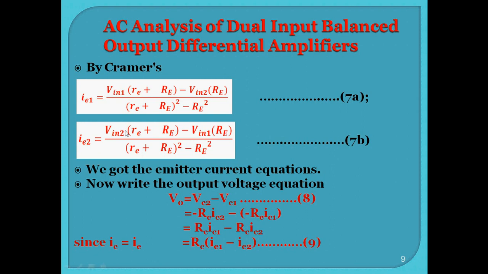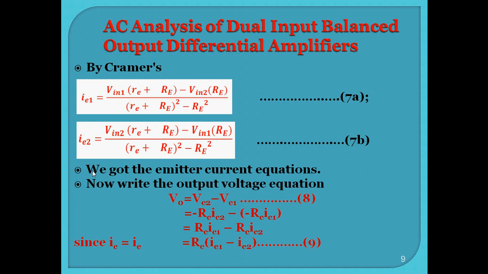And for IE2, Vin2 into (small re plus capital RE) minus Vin1 into capital RE, divided by (re plus capital RE) bracket square minus RE square. So now we have the equations for emitter currents IE1 and IE2. As we got the emitter current equations, now we can go for writing out the output voltage equation.